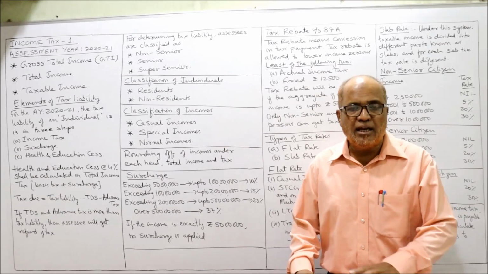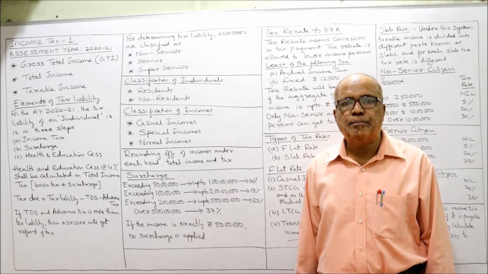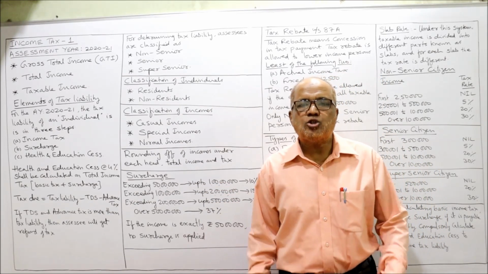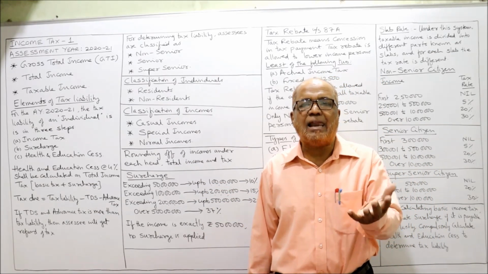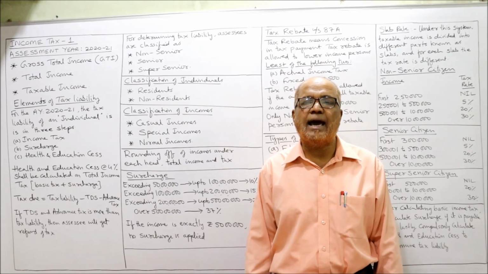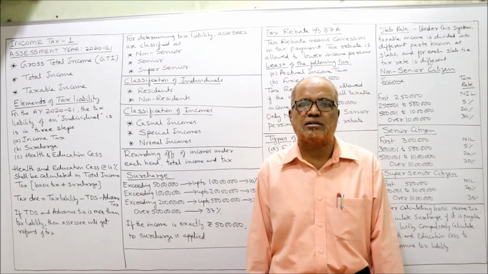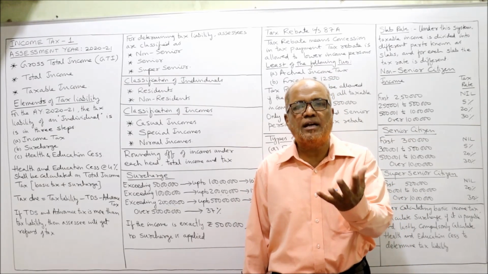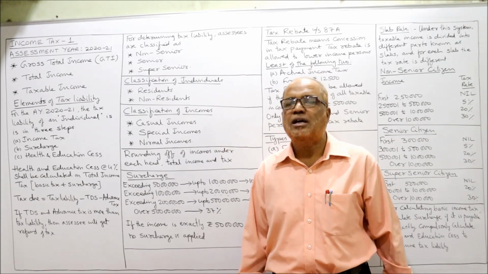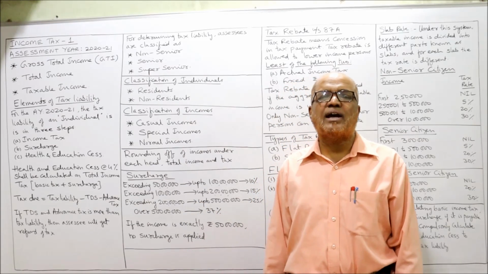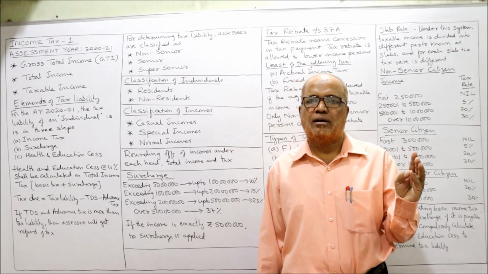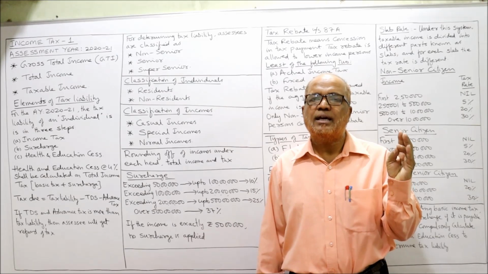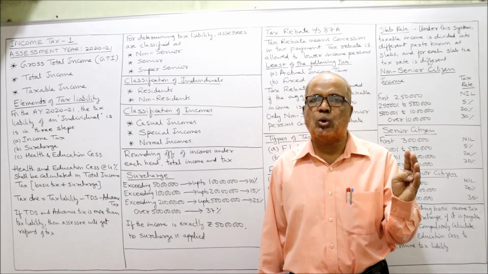Classification of incomes. Incomes can be classified as casual income, special income and normal income. Casual income is an income which is received by an element of chance. Luckily we got it, all of a sudden, unexpected income. Examples of casual income: winnings from lottery, horse races, crossword puzzles, games and TV shows.